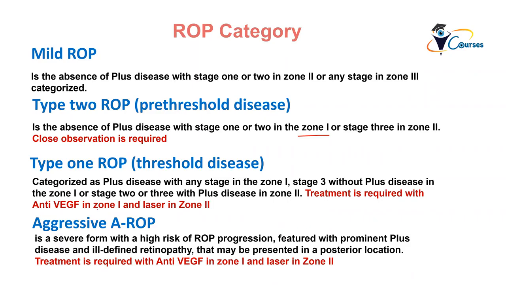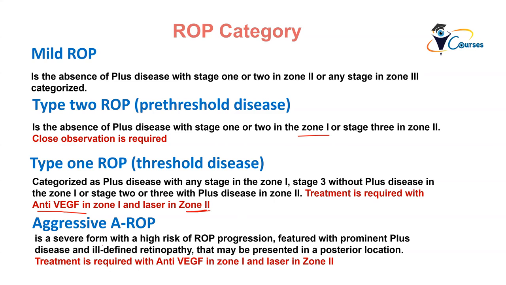How can we treat? If the involvement is in zone 1, we do anti-VEGF injection. If the involvement is in zone 2, we do laser application. There is a specific type of ROP called aggressive ROP, a severe form with high risk of progression and prominent plus disease.